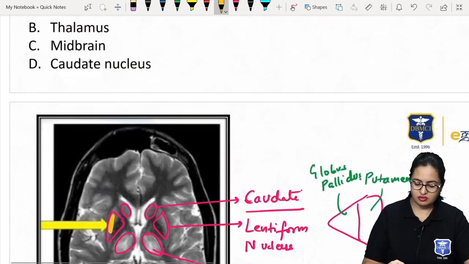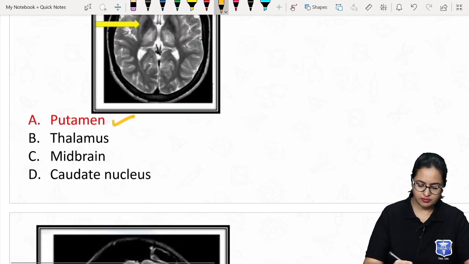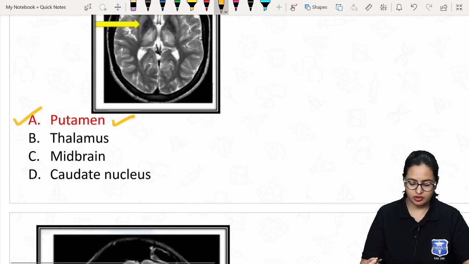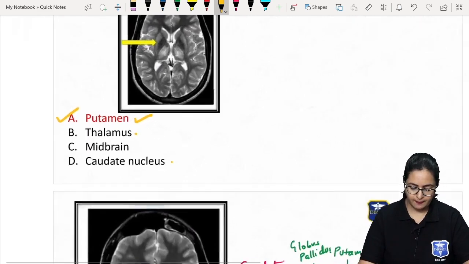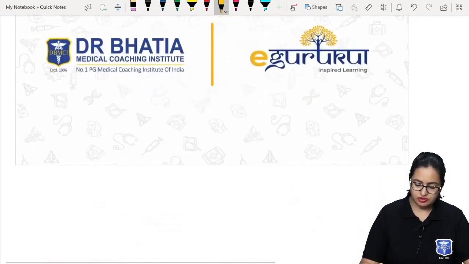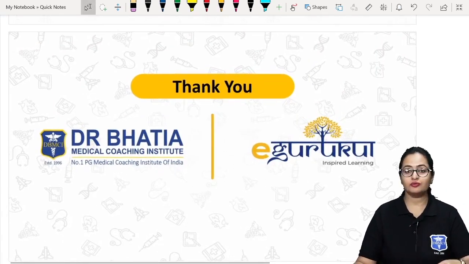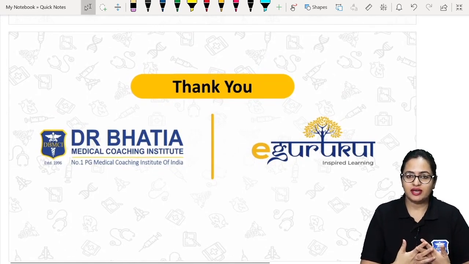So the answer of this question is the putamen, and we have already identified the thalamus and the caudate nucleus over here. So this is about the various recall questions of the FMG, and thanks to all of you.